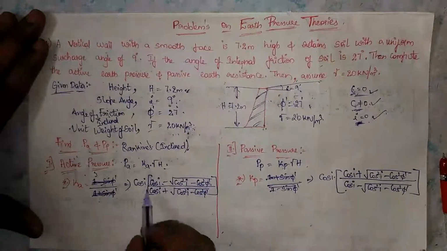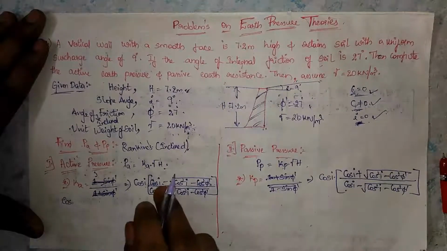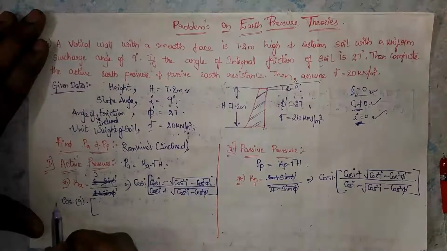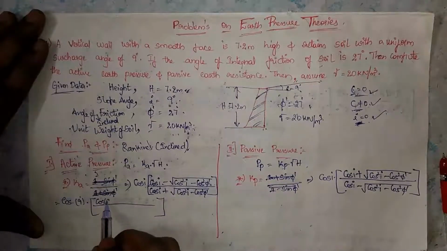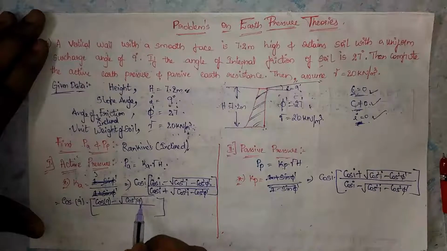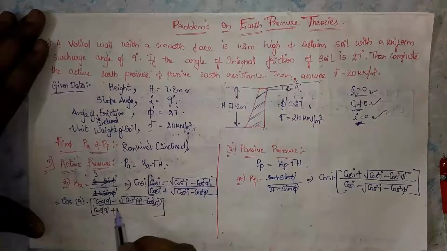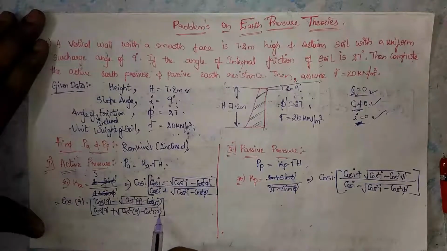So substitute here the i and phi values, where cos 9 into (cos 9 minus root of cos square 9 minus cos square 27 degrees), next (cos 9 plus root of cos square 9 minus cos square 27 degrees).